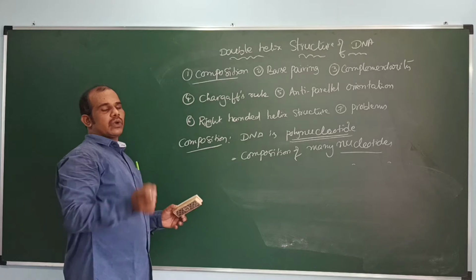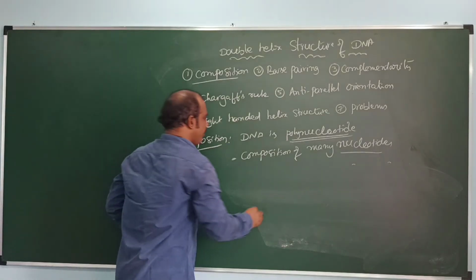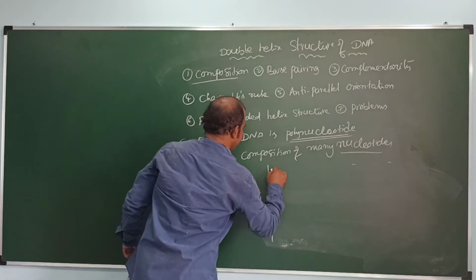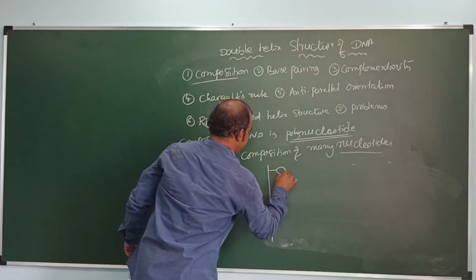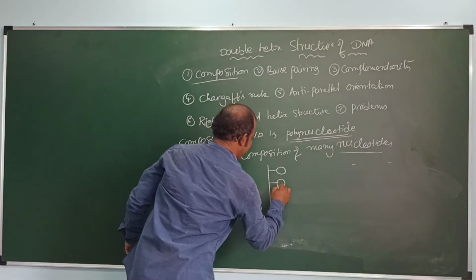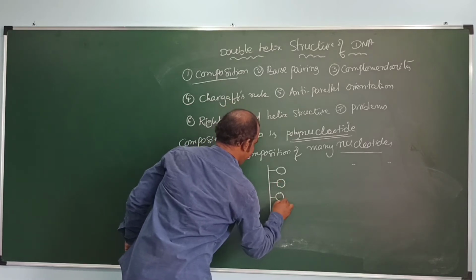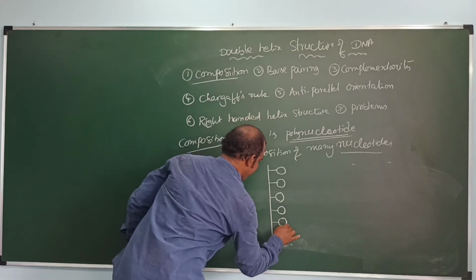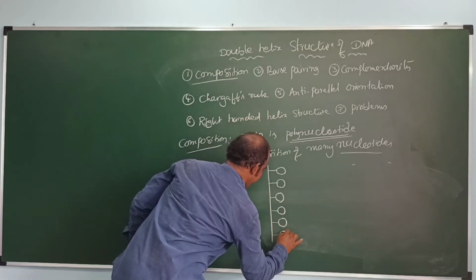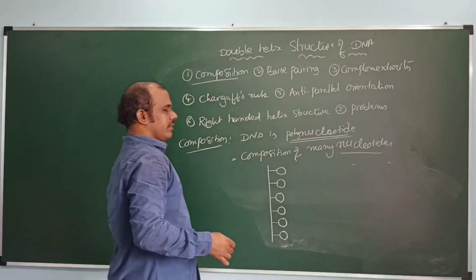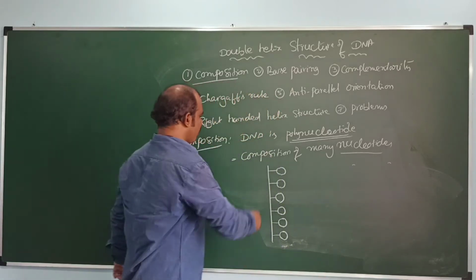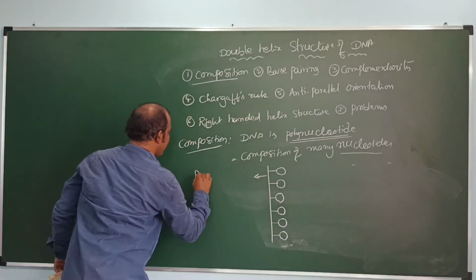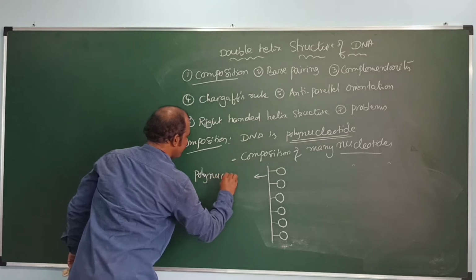Thus, many nucleotides together form a chain-like structure, which is called a polynucleotide chain.